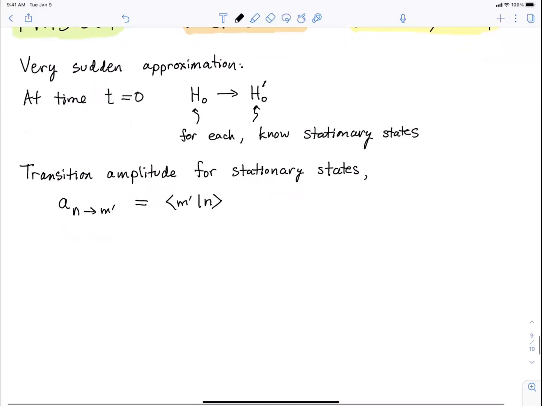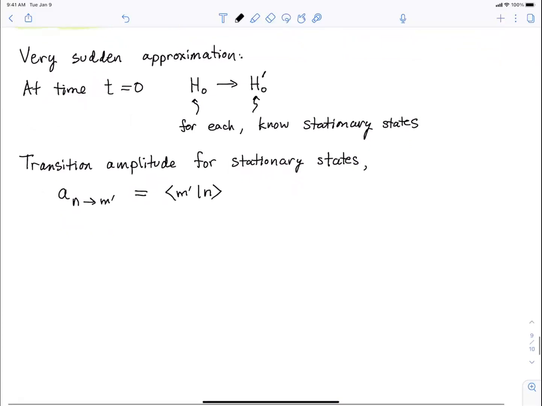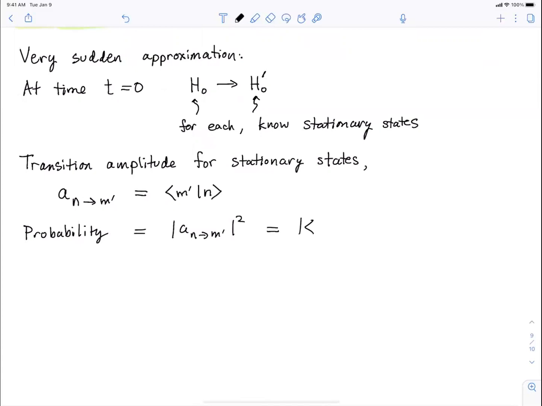And then it transitions into the state m prime of a different Hamiltonian. And then the probability of the transition is just the square of that amplitude, which comes right out of the postulates of quantum mechanics. Okay, and so that in this example is m prime n.